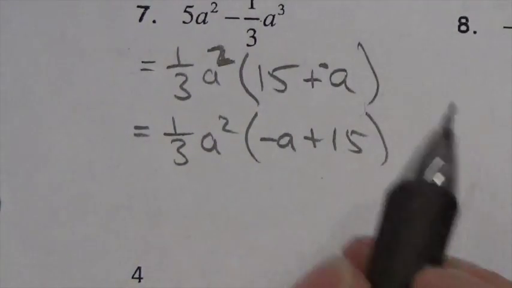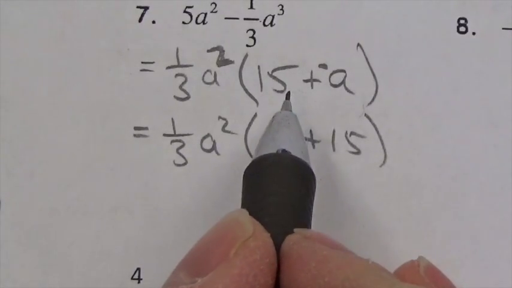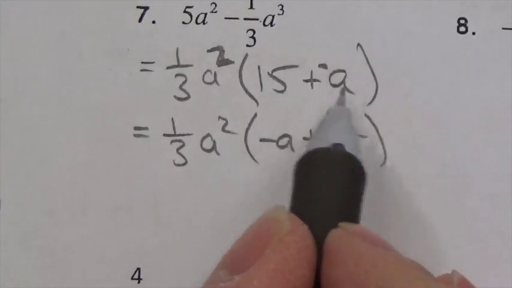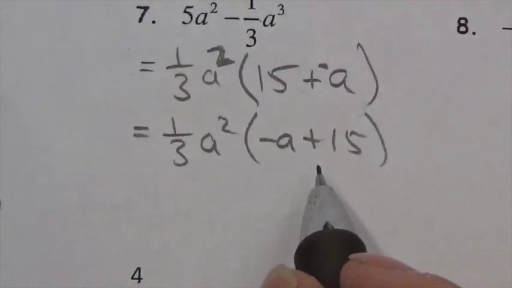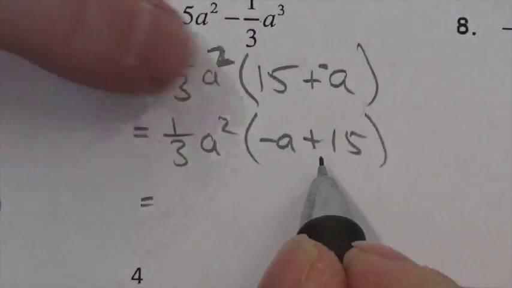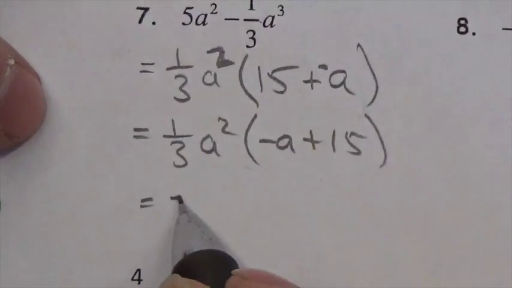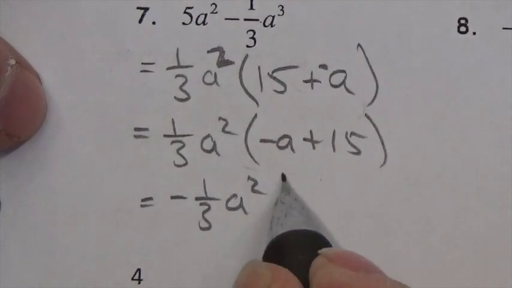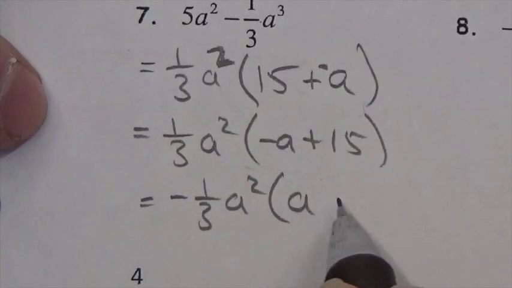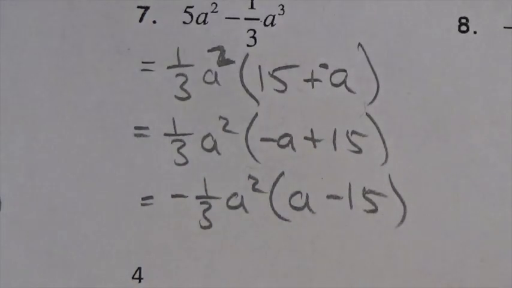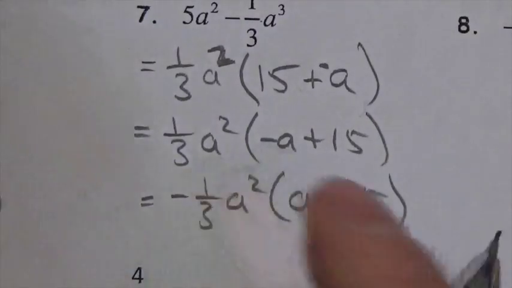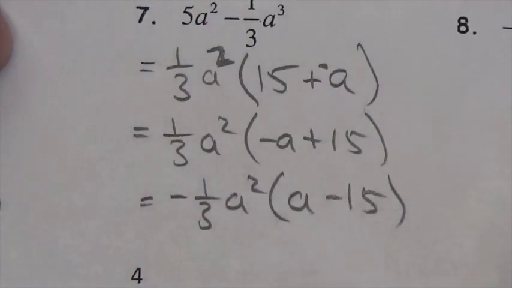However, I can get around that if instead of thinking of this as subtraction, I think of it as plus and negative. If I just keep that negative with the a, then I can play with the order a little bit. And now finally I will factor that negative out because it looks better. It just looks better if those terms don't start with a negative. And you'll find out later on that it is easier to factor, easier to manipulate if the negative isn't inside there.